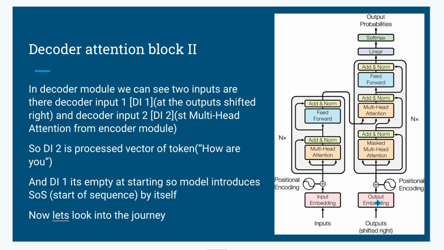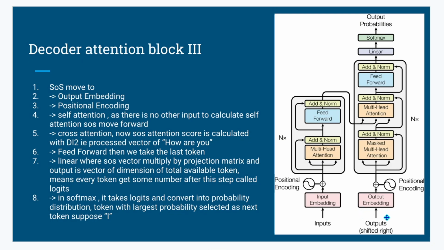Now let's look into the journey ahead. SOS moves from output to output embedding. Then it moves to positional encoding. We have already discussed in detail what they are. If you don't know what is going on here, please refer to the previous video.